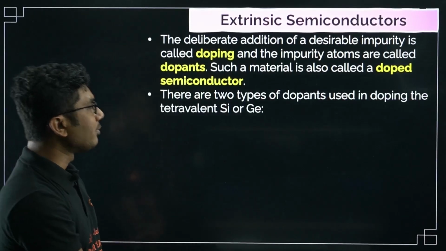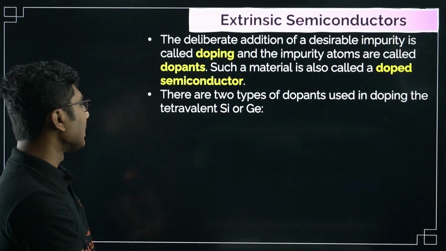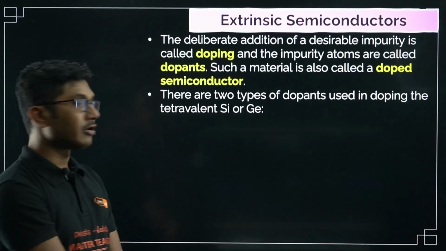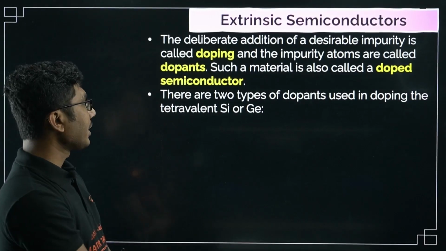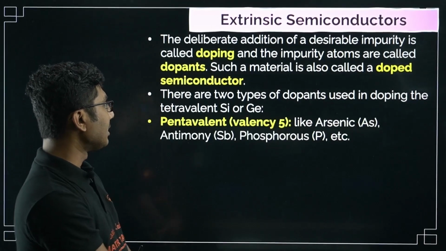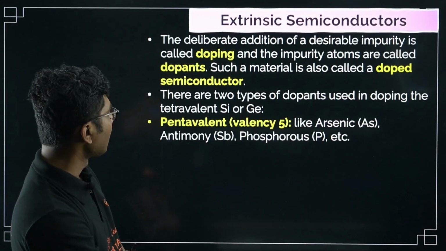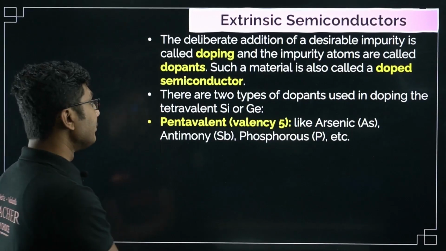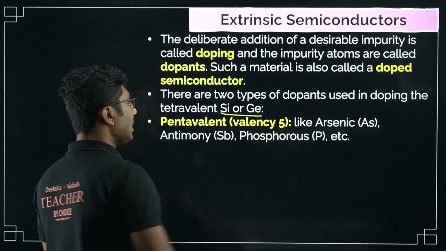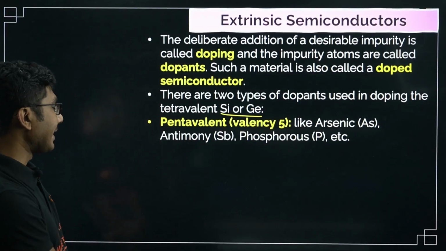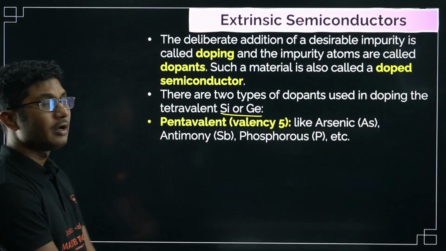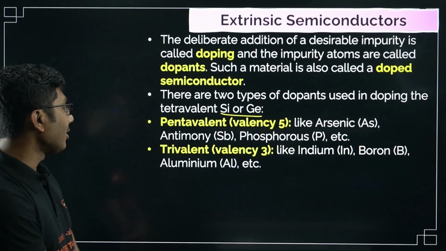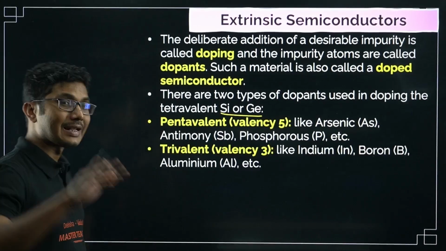There are two types of dopants used for doping the tetravalent silicon or germanium: pentavalent and trivalent. Pentavalent ones, like arsenic, antimony, phosphorus, have valency 5.